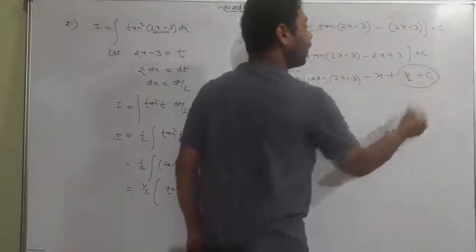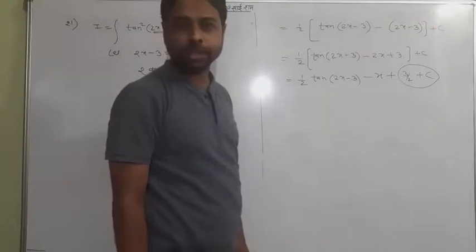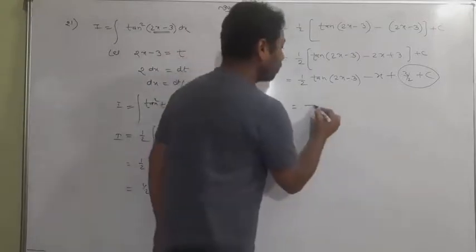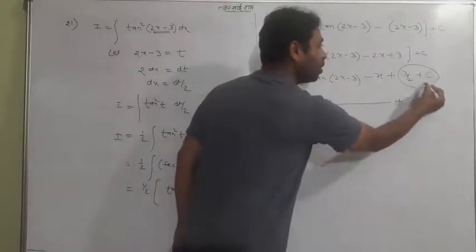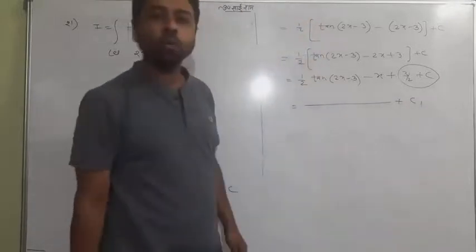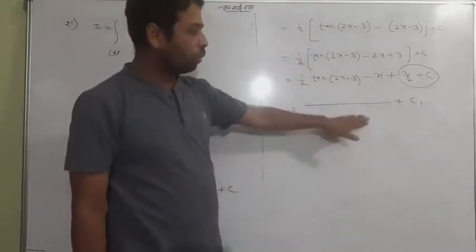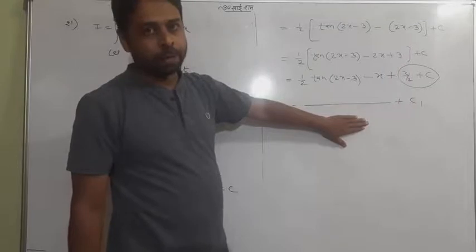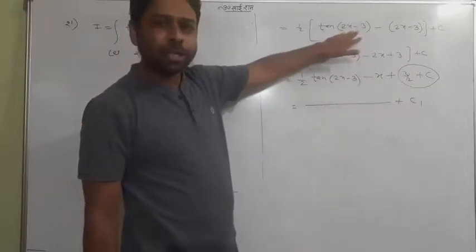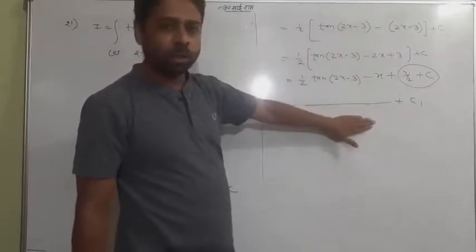Students, 3 by 2 plus c is without x, so you can consider it a constant, and instead of these two you can put another new constant, c1. So this will be the answer of the book. You can also leave your answer right here, but I think this is well considered. This is okay.